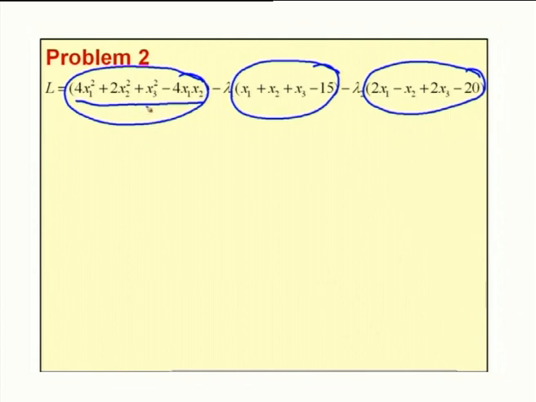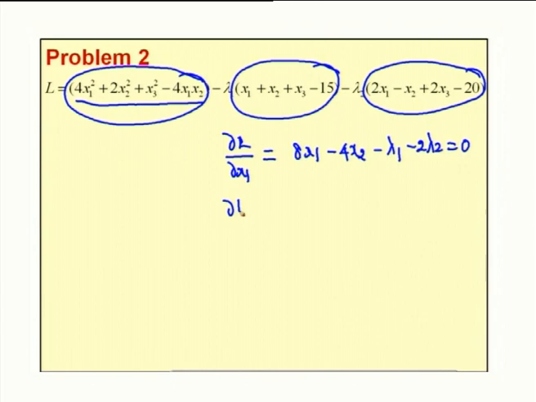Now, to find the necessary condition, we should find dou L by dou x1 equal to 0, which gives us 8x1 minus 4x2 minus lambda 1 minus 2 lambda 2 equal to 0.